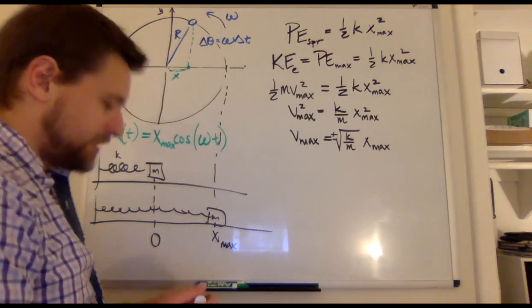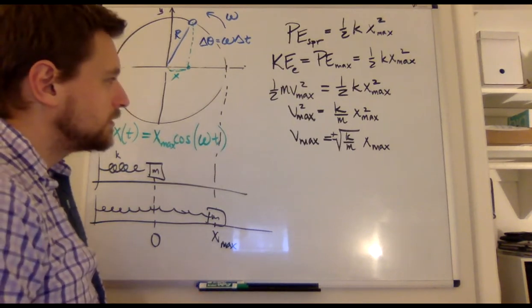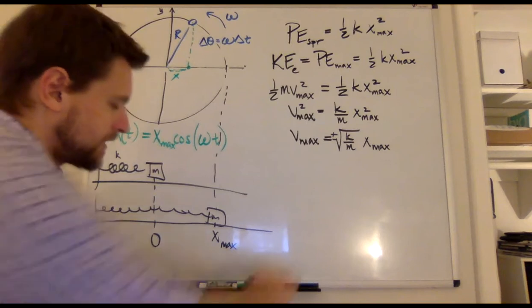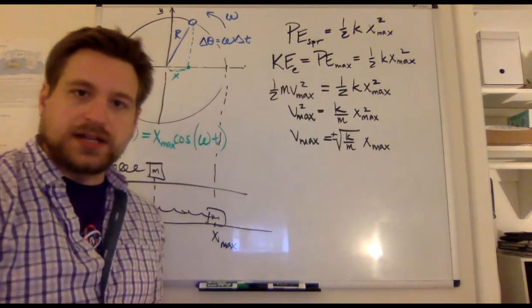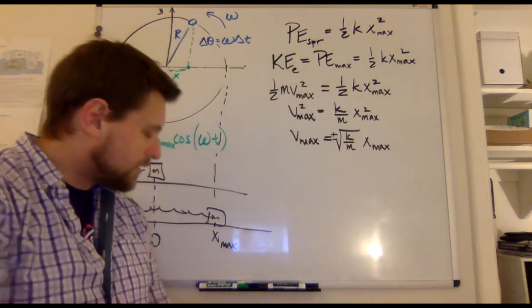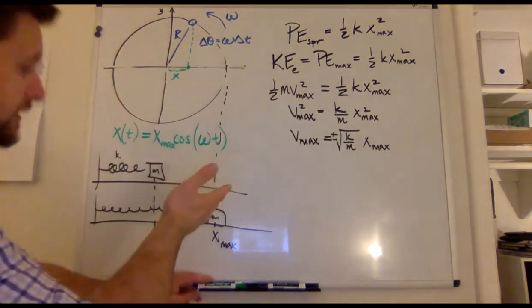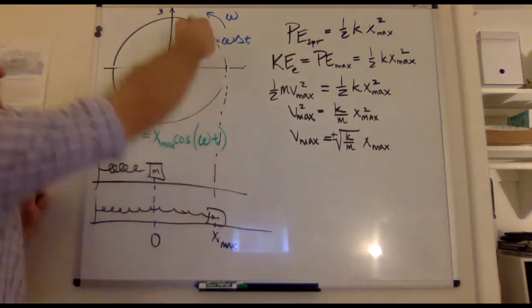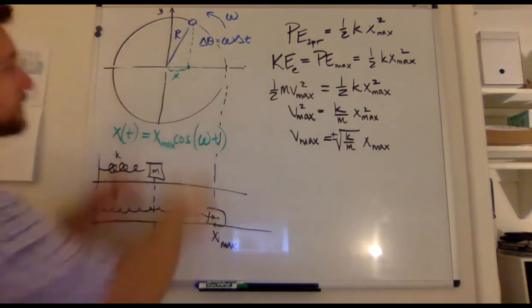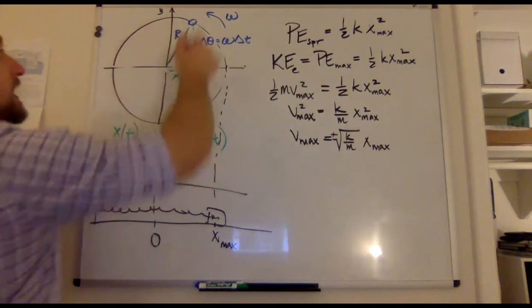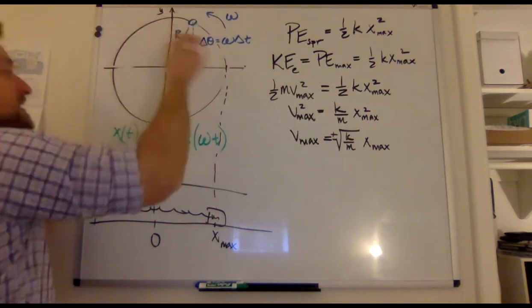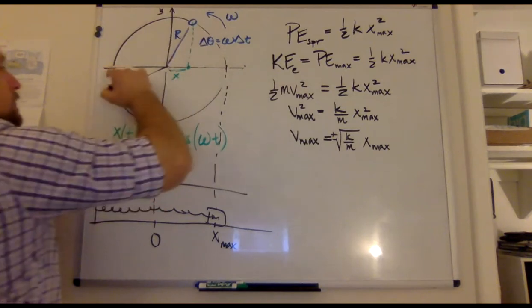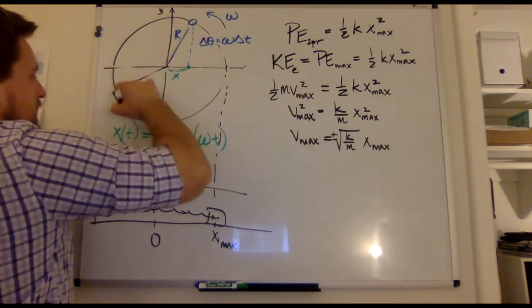But wait a minute. This velocity that we're tracking is the velocity in the x direction. Now, generally speaking, the linear velocity of this rotating thing that we're imagining is in some direction that isn't in the x direction.